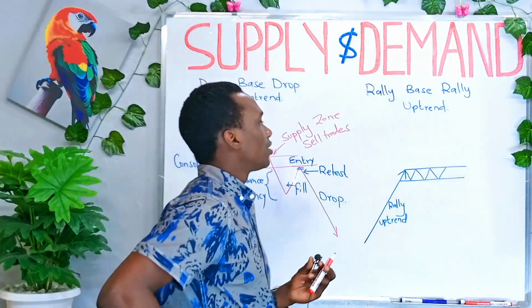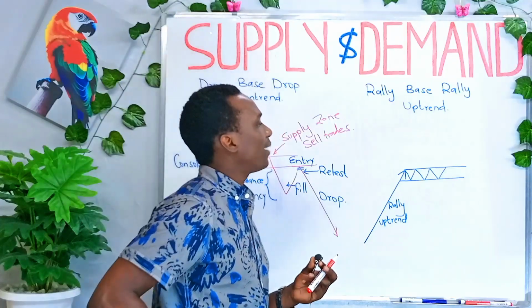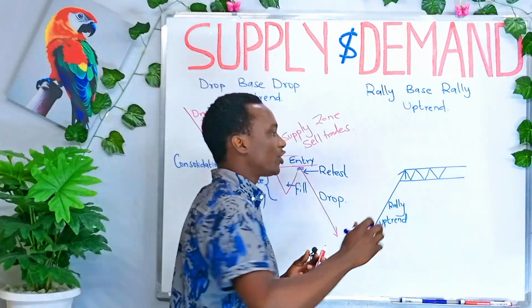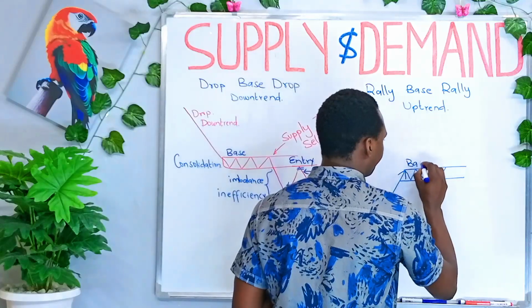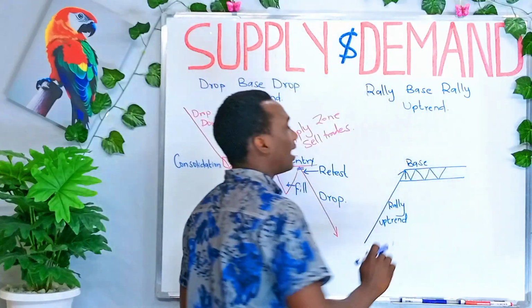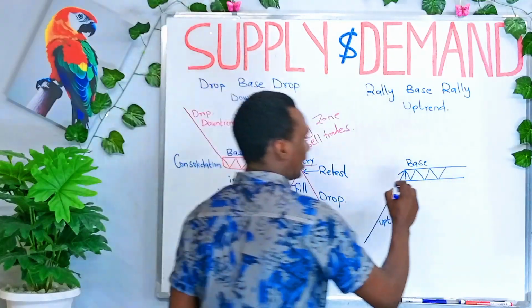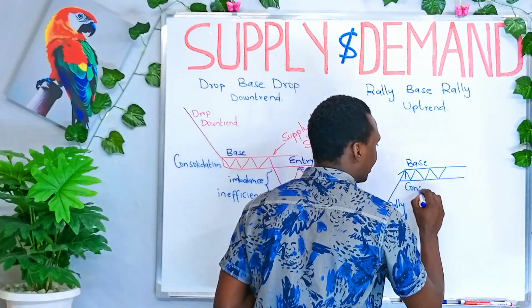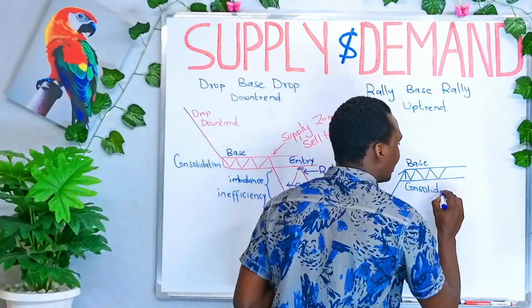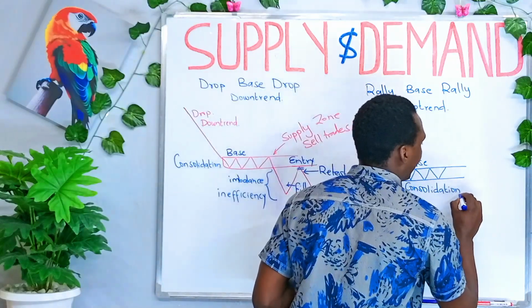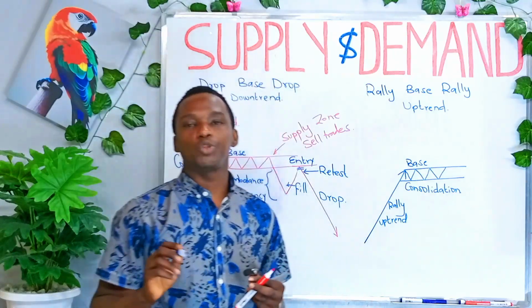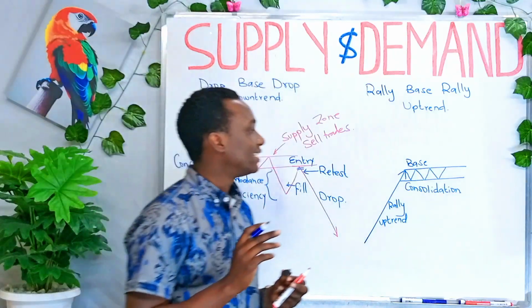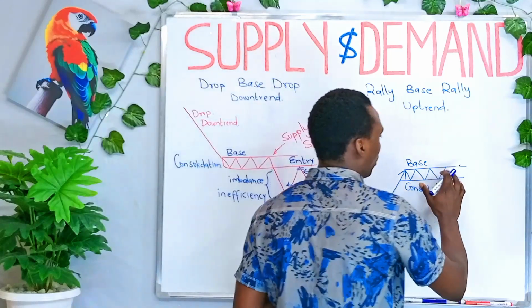All right, so we expect further bullish momentum here. So here we find a base, and the base is characterized by consolidation in price, where the equilibrium in momentum between buyers and sellers is equal.